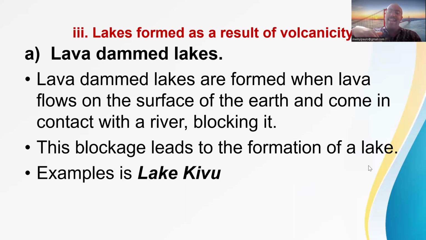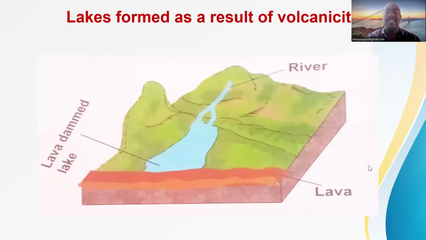And then as the lava is flowing down, it comes across a river channel and then it blocks it. Remember, water is still coming inside the river. So at the end of the day, we shall have that blockage leading to formation of a lava-damped lake. A good example is Lake Kivu.